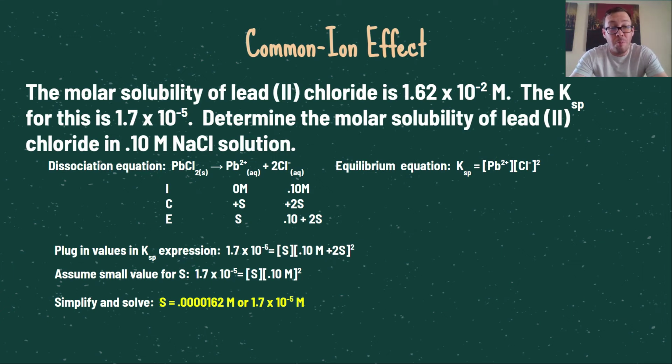When we have it in a 0.1 molar solution of NaCl, it decreases significantly to 1.7 times 10 to the negative fifth. So we can see that much less of the lead 2 chloride is going to dissociate in a solution of NaCl when compared to just a regular solution with water. And that's what I want you to be able to see here.